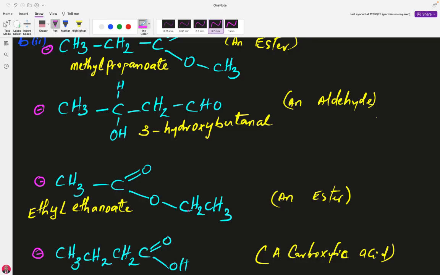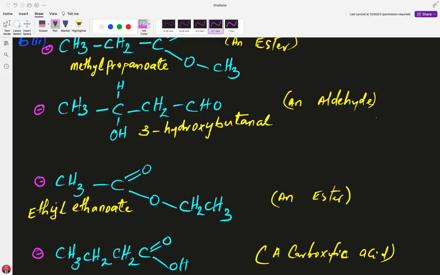You can say it's a methyl if it has one carbon atom, an ethyl if it has two carbon atoms, a propyl if it has three carbon atoms, a butyl if it has four carbon atoms, a pentyl if it has five carbon atoms. But in this compound it has two, so we say it is ethyl.